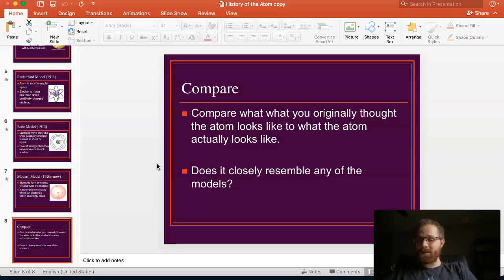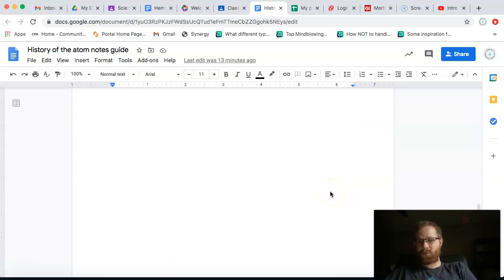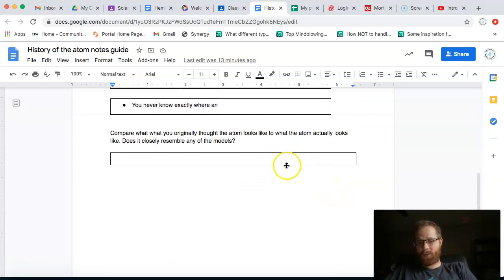Is your model similar to any of those other types of atoms? And then just kind of fill in that last little box in the history of the atoms note guide. What are some differences between your model of the atom and what other people thought the atom looked like? What are some similarities? Give me 2 to 3 sentences.